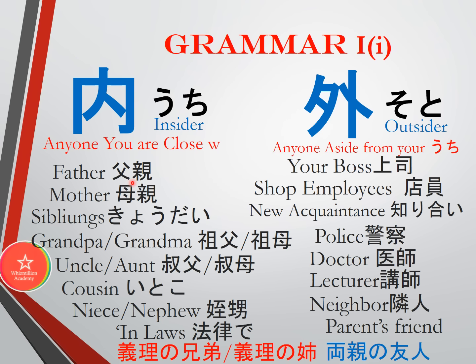Father, chichi oya, mother, haha oya, siblings, kyodai, grandpa and grandma, sofu, sobo, uncle and aunt, oji, oba, cousin, itoko, niece and nephew, mei, oi, in-laws, giri no. Well, the people belonging to the outsider group include your boss, joshi, shop employees, tenin, new acquaintance, shiriai, police, keisatsu, doctor, ishi, lecturer, koshi, neighbor, rinjin, parents' friend, oya no yujin.